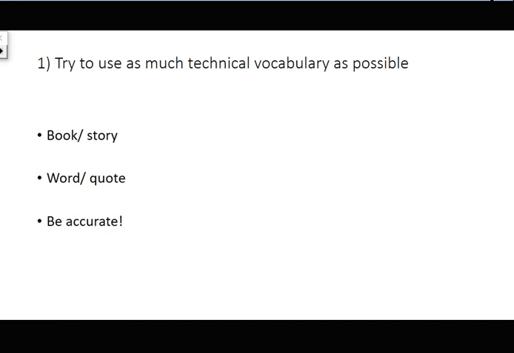So, the key thing is to use as much technical vocabulary as possible. Don't say things like book and story. A book is just the format that it has been published in. I read a lot of things on the Kindle, not really a book, so don't use that. Story is just a bit basic, so say things like novel or graphic novel.